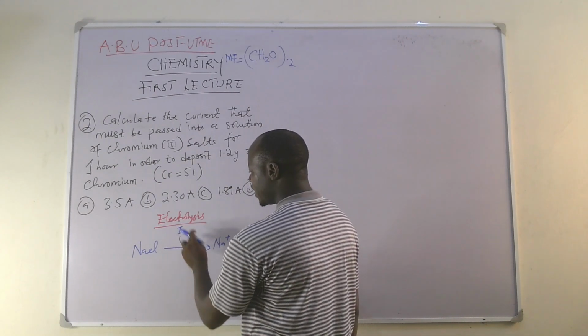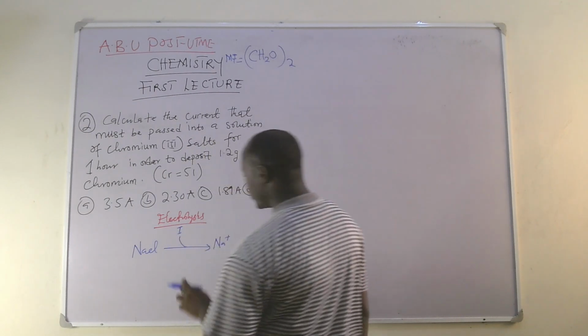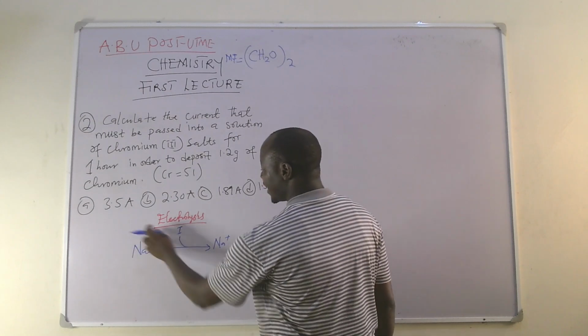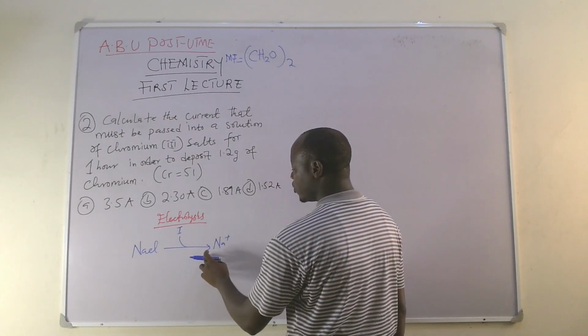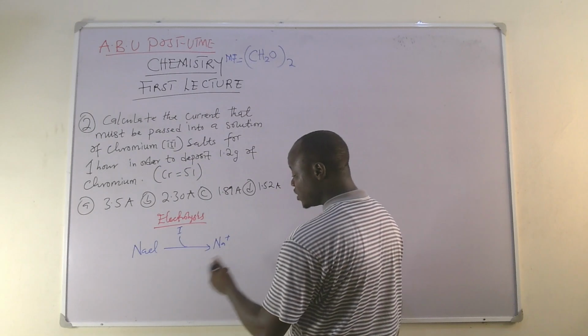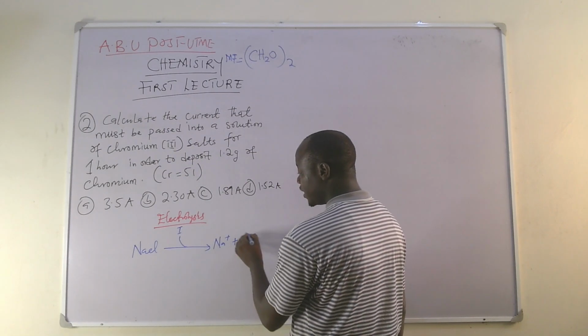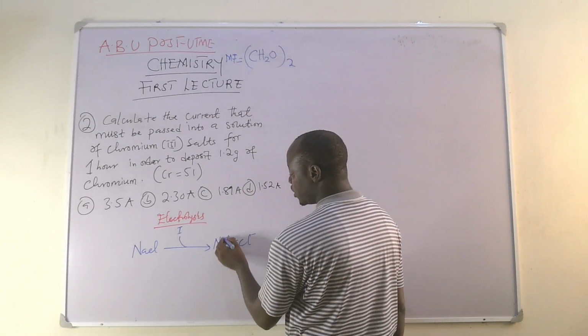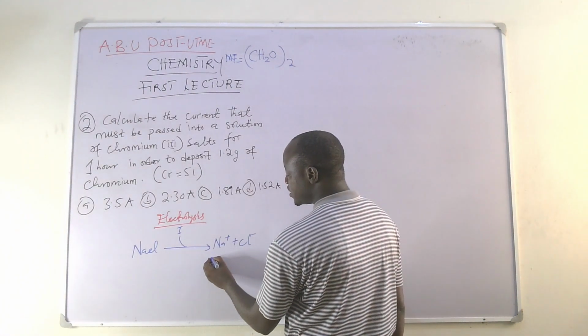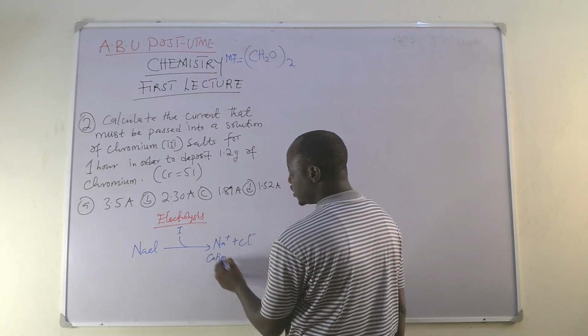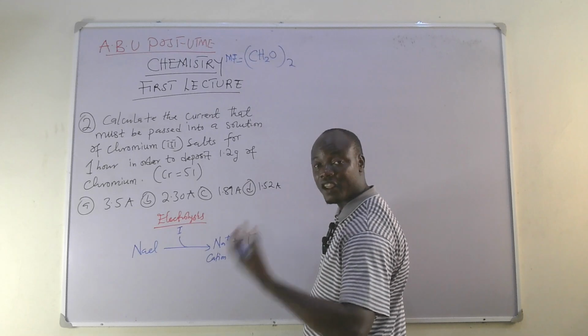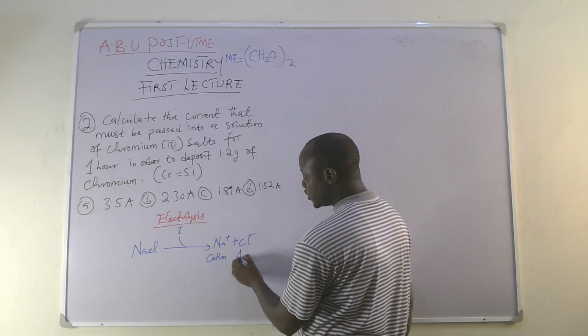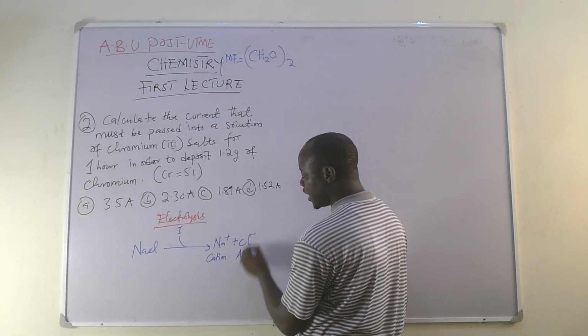When you apply an electric current, either in a solution or in a molten form, it will break down compounds, we call them electrolytes, into their component ions, like sodium ion and chloride ion. The sodium ion is a cation, they are positively charged ions, while anions are negatively charged ions.